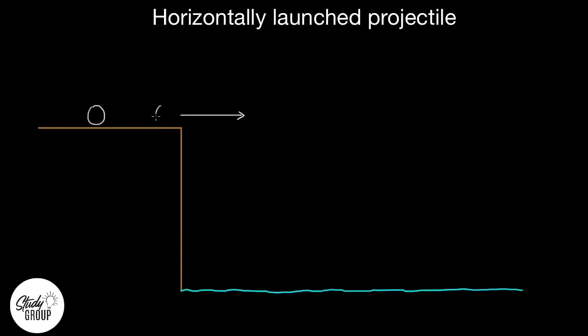If the table's flat and horizontal, the velocity of the ball initially would just be horizontal. So if the initial velocity of the object is completely horizontal, then that object is a horizontally launched projectile.